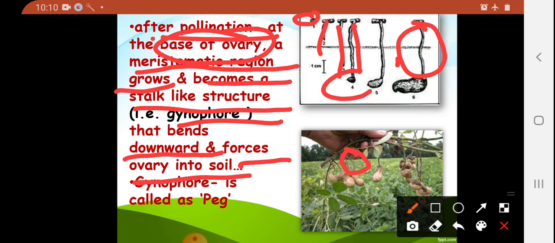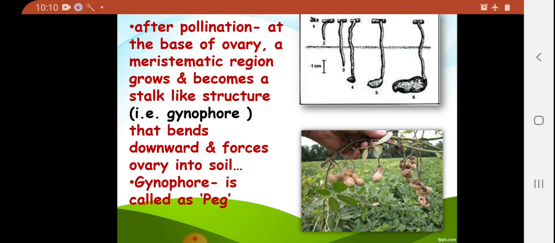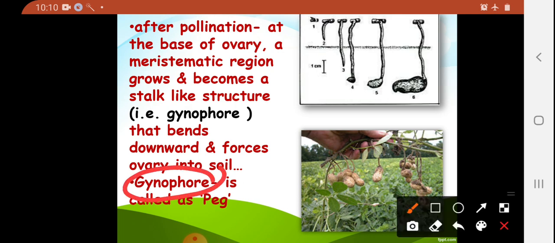And when this ovary is inserted into the soil, then we get these kinds of pods. Okay. This structure, gynophore, is also called peg.